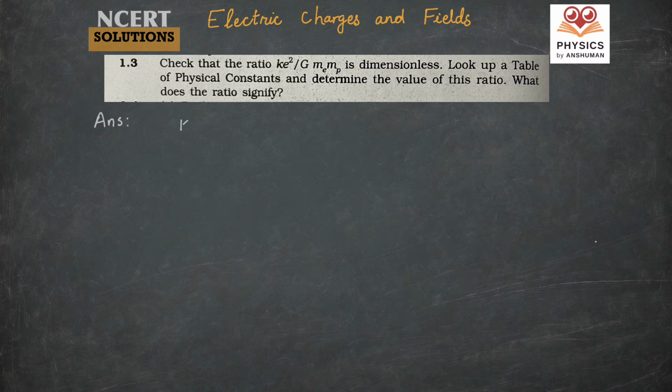First, let's write down the given ratio, that is k e² divided by G m_e m_p.